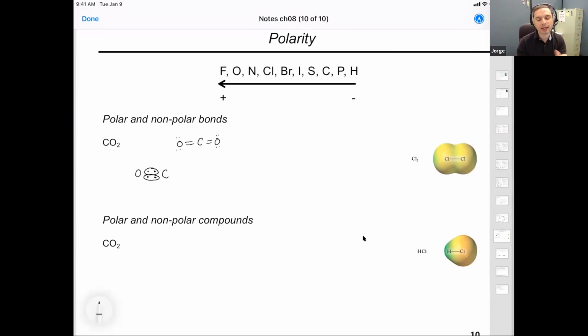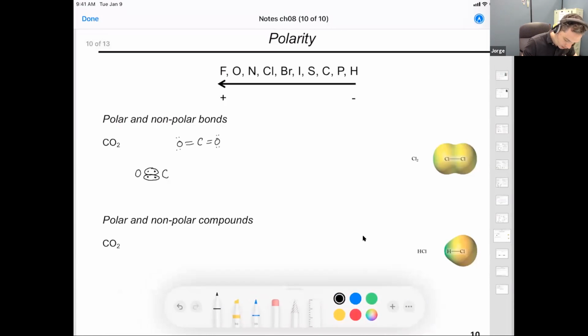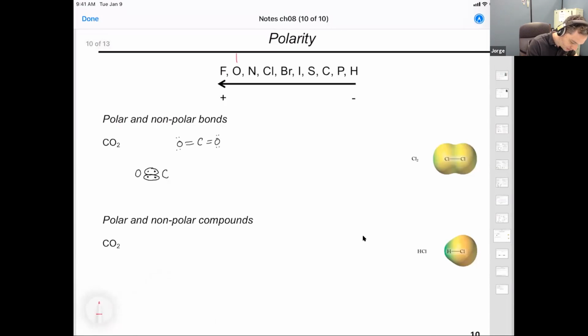However, if we take a look at the polarity scale, we can see here that oxygen is much more electronegative than carbon. The result of the stronger electronegativity of the oxygen compared to the carbon is that oxygen will pull the electrons in the chemical bond close to itself.